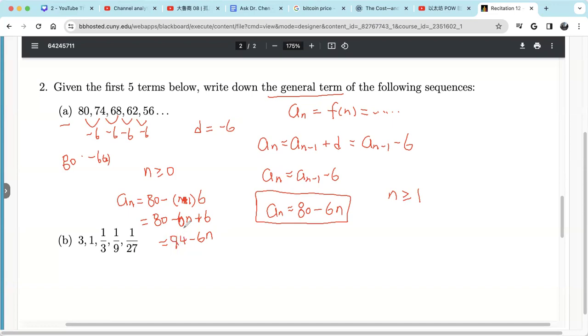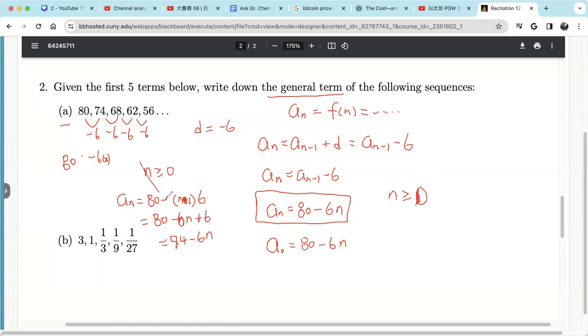No, that's not right either. Okay, so we want the nth term. So we need to figure out the 0 term. The 0 term has to be 80, right? 80 minus 6n. Okay, you know what? Actually, yes, this one we start with 0.